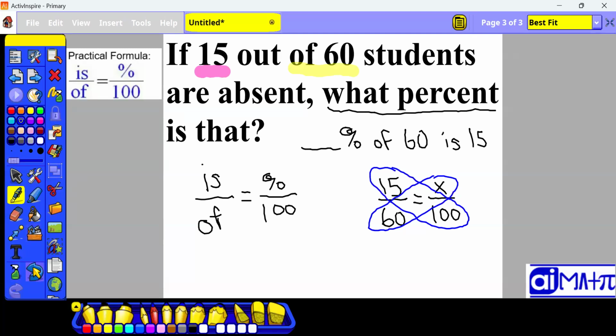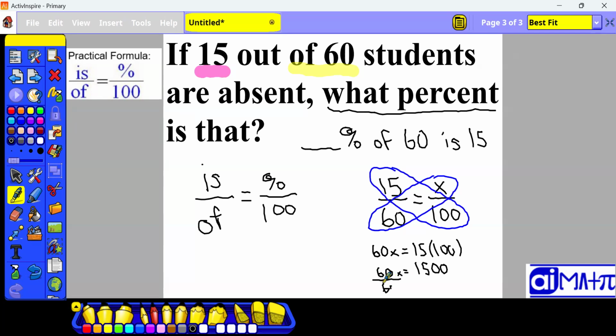So I'll write that out. 60 times x is equal to 15 times 100. 15 times 100 is 1,500. And that's equal to 60 times x.